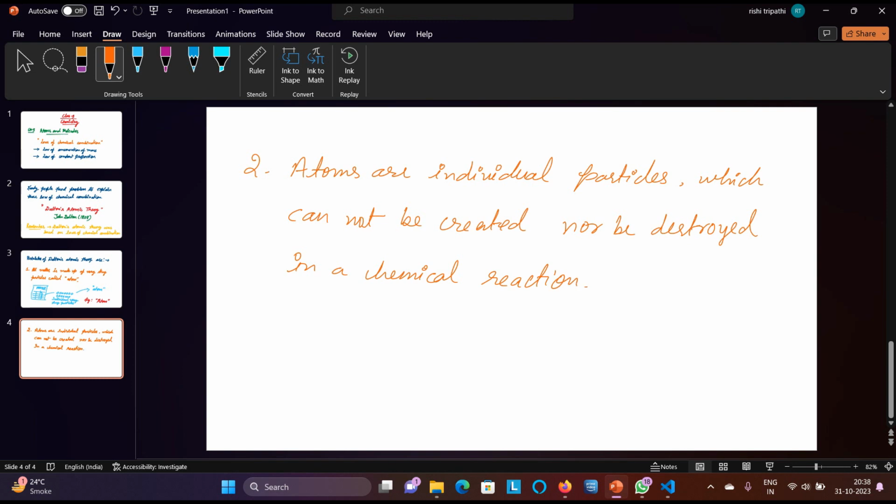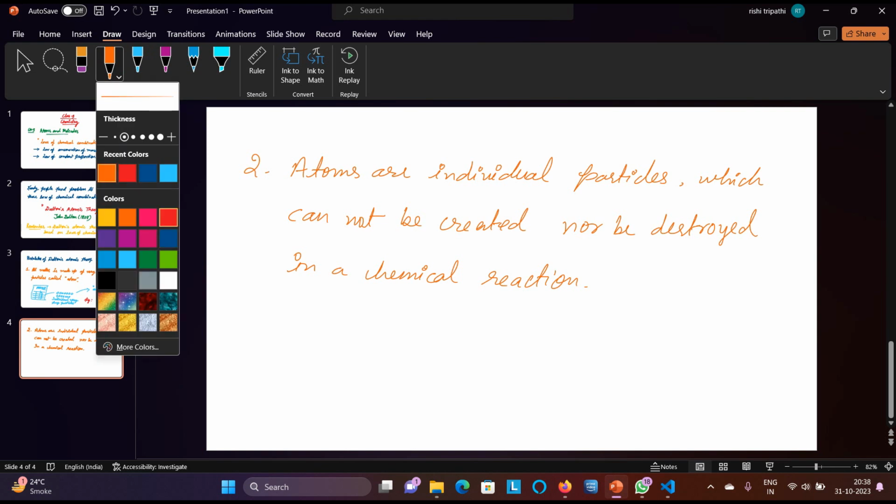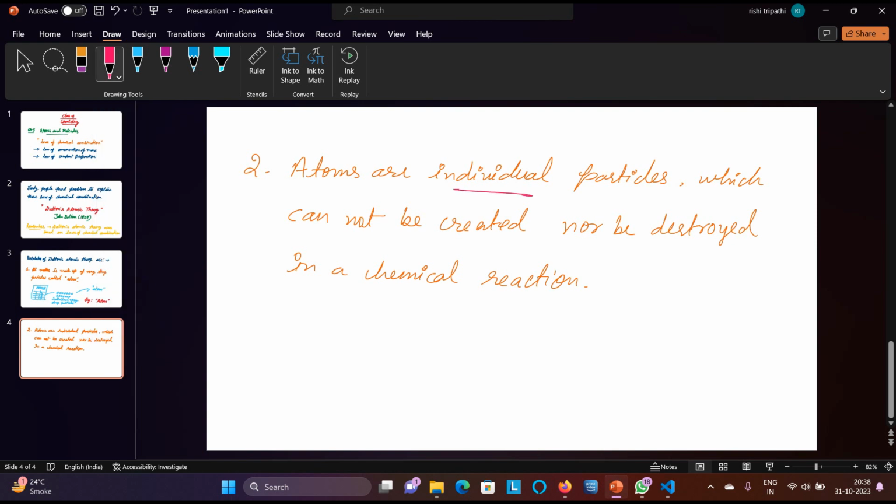It means matter, which is made up of very tiny particles called atoms, will be indivisible. You cannot divide this individual particle, the atom, according to Dalton's atomic theory.